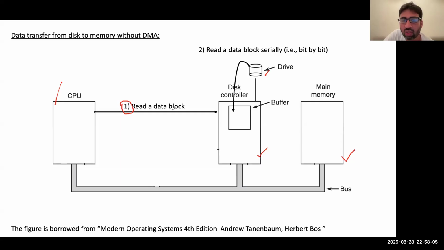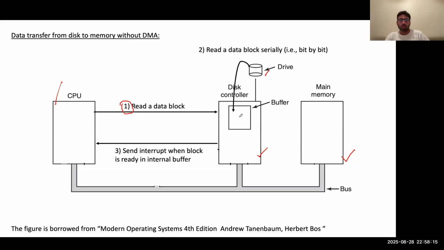So let's say if the data block is 1K, 1024 bytes, then 1024 bytes will be read from the drive and put in the buffer. Then once the required data block is read from the drive into the buffer, your disk controller will send an interrupt to the CPU, right?